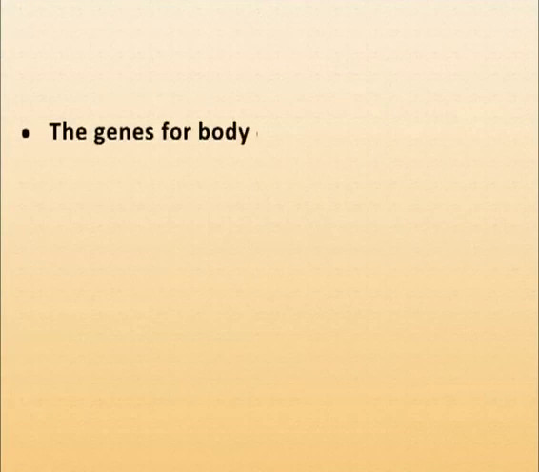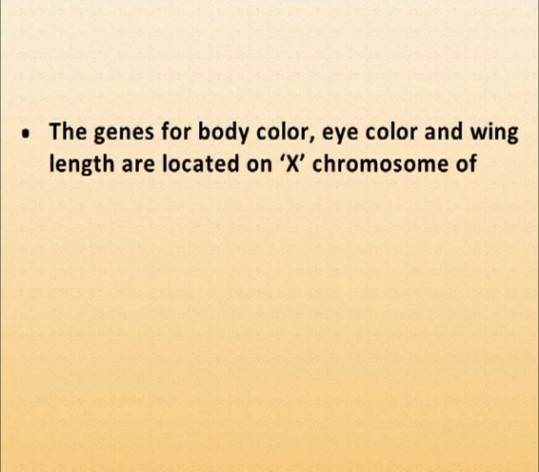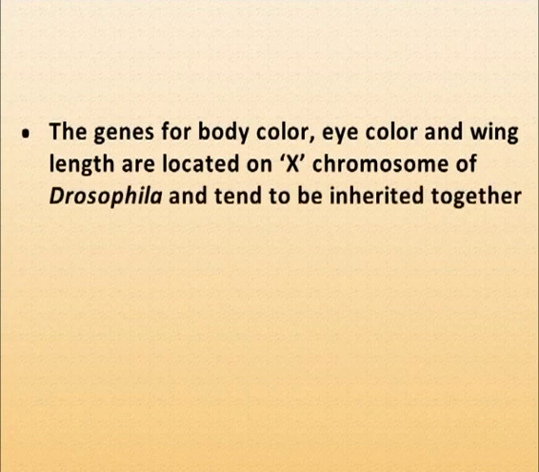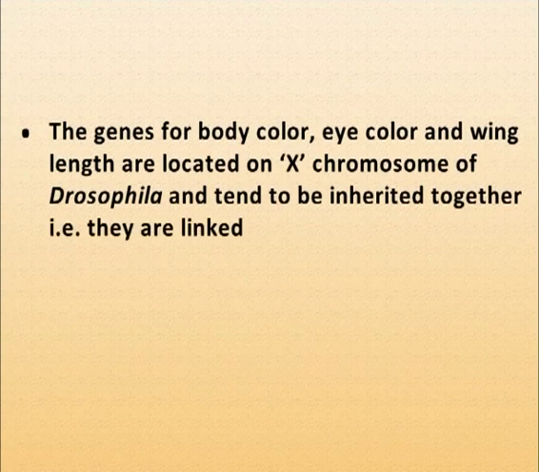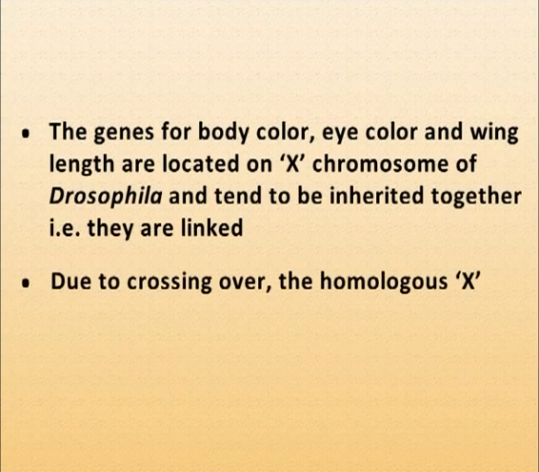Based on these observations, Morgan made three important conclusions. Number one, the genes for body color, eye color, and wing length are located on the X chromosome of Drosophila and tend to be inherited together, that is, they are linked.